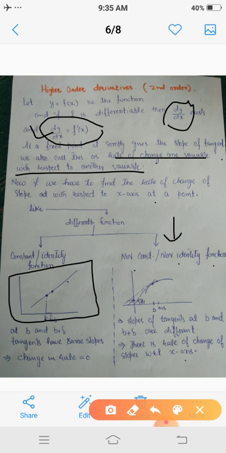Similarly, if we consider the neighboring point of this B, say B plus delta, the tangent at this point is also a line which coincides with this straight line. So for two identical straight lines, the slopes are the same. When slopes are the same, this means that the rate of change of this slope is 0.